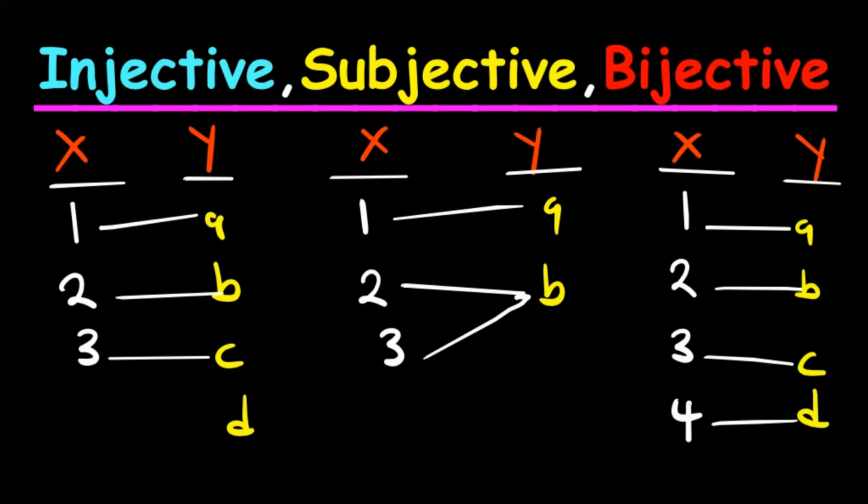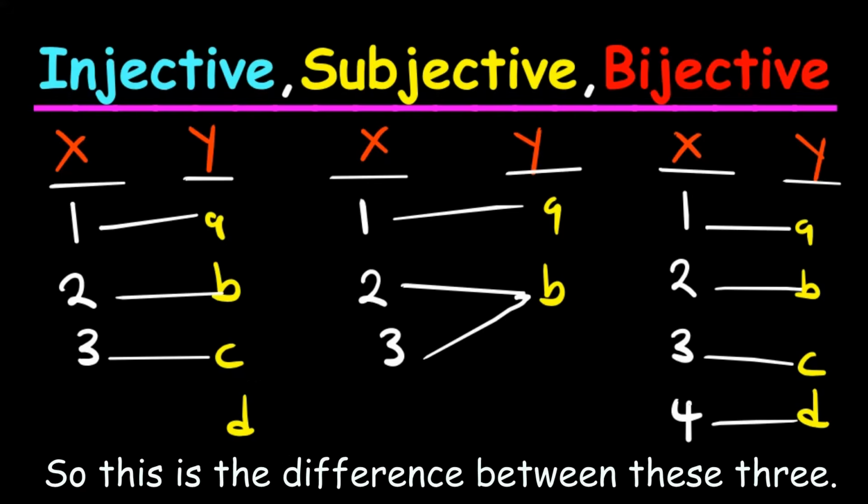For an injective, you're able to see that one y value is left. But for a bijective, all the y values also have some x values. So this is the difference between these three.